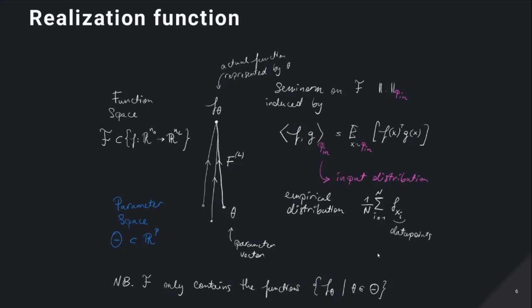The reason for that, especially in this case, is that because we're only evaluating on the data points, we cannot distinguish between, say, two functions f and g that are different, they don't have the same value everywhere, but on the data points they always have exactly the same value. So the difference will have norm 0.